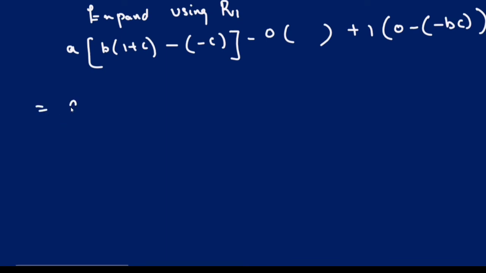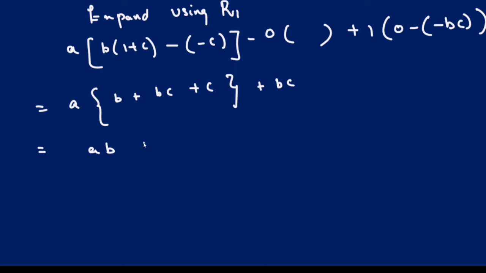This is equal to A into, open the bracket first, B plus BC plus C, and here you get plus BC, correct? Now multiply this: ABC plus AC plus BC.